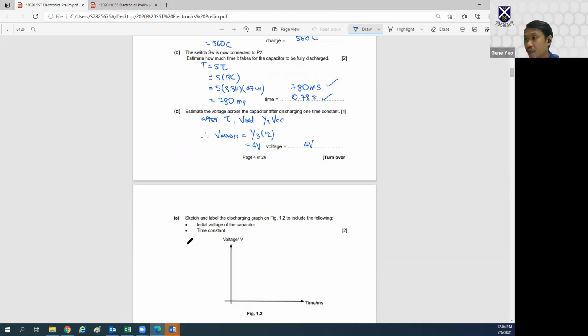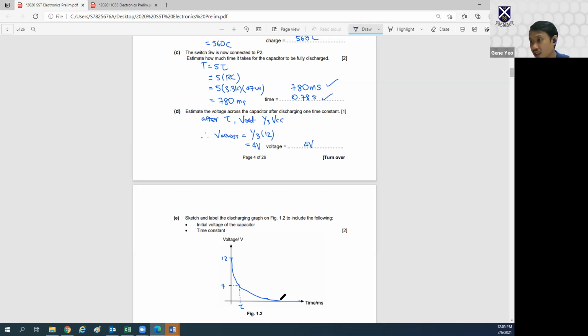Next, sketch and label the discharging curve. First of all, it starts at 12 volts, and then it will slowly discharge in this decreasing shape. 1/3 is roughly here, so this is my 4 volts, and this is my tau.